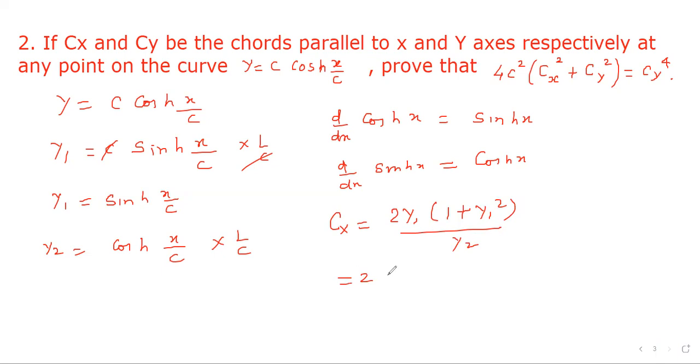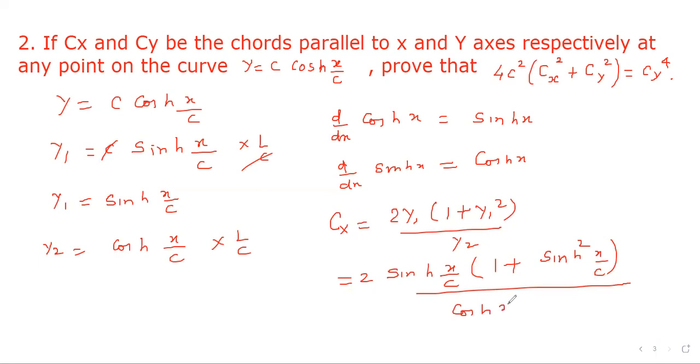So twice of y1, and y1 is sine hyperbolic x upon c, times (1 plus sine hyperbolic square x upon c) divided by y2, and y2 is cos hyperbolic x upon c times 1 upon c.